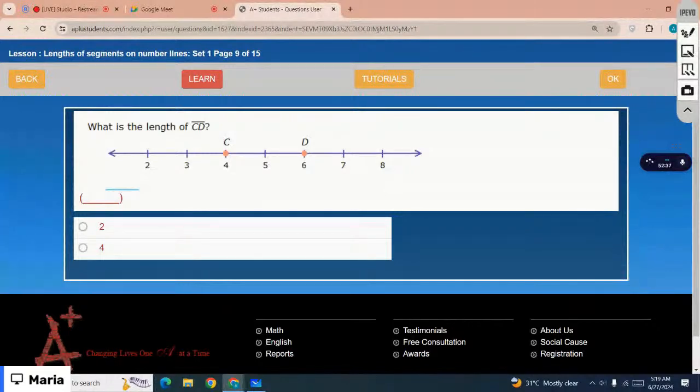What is the length of CD? Yes, 2. The correct option is 2.